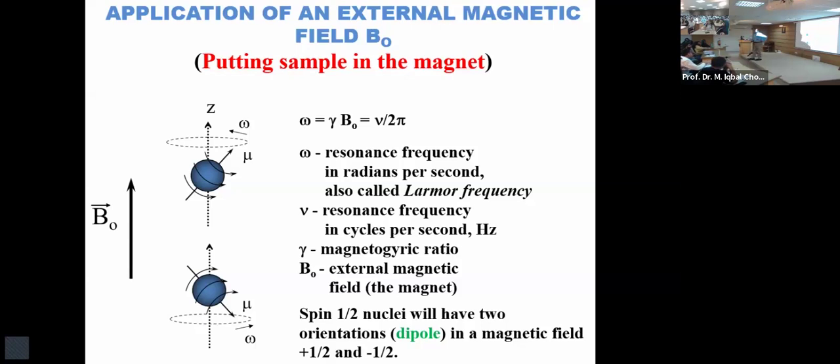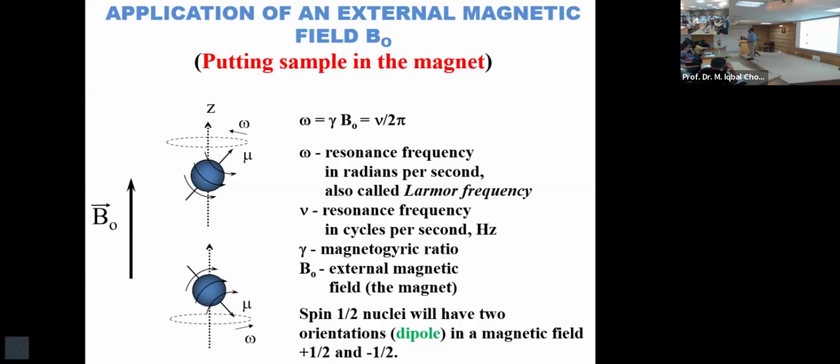NMR inactive are called NMR silent. Remember that in the periodic table you can detect every element. You just need to choose the right isotope.